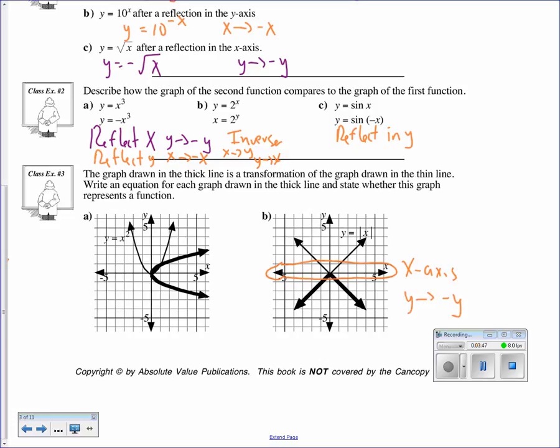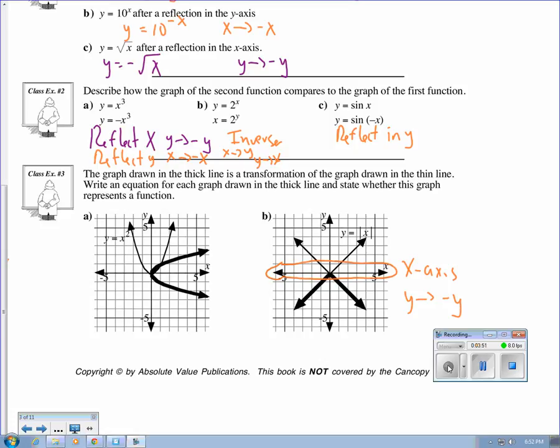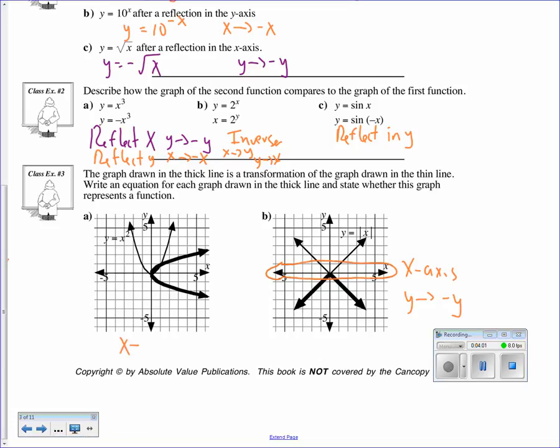What's happened in the first graph? That first graph is not a mirror reflection in x. It's not a mirror reflection in y. It must be an inverse. My x's became y's and my y's became x's. And that's a graph shape that you're probably a little more familiar with.